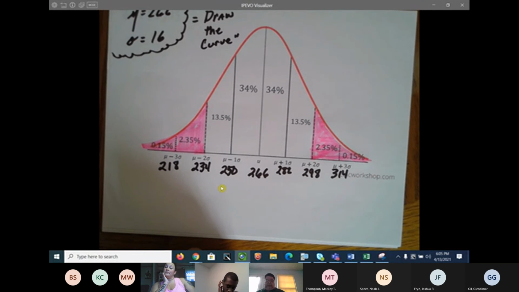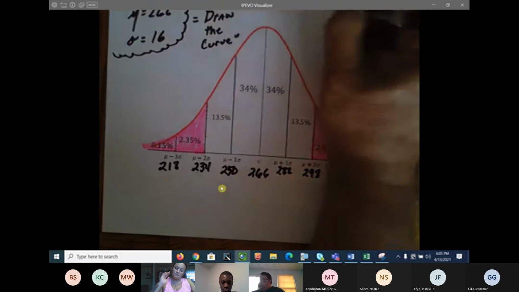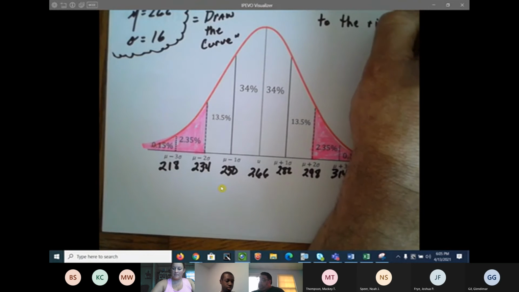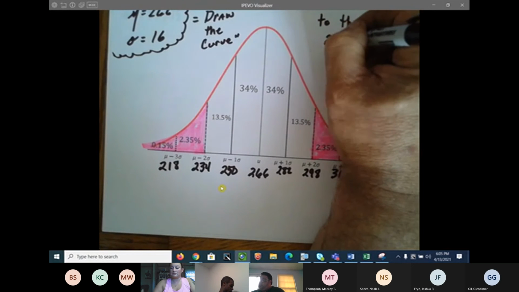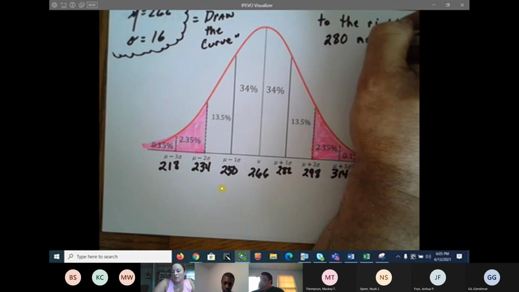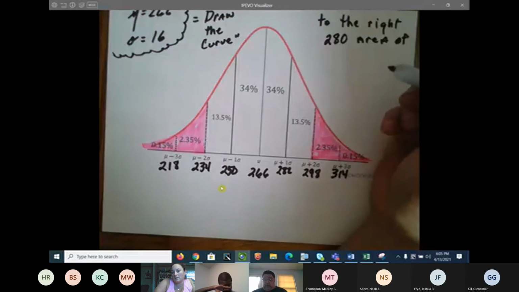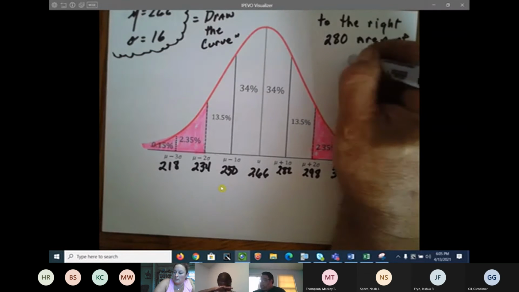They say in the question, to the right of 280, you've got an area of 0.1908.